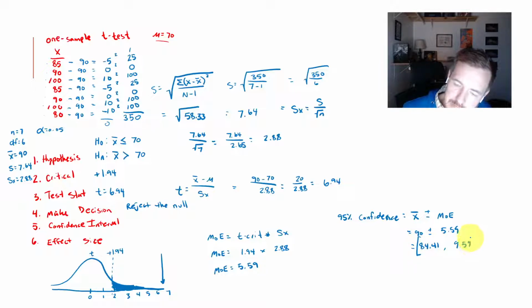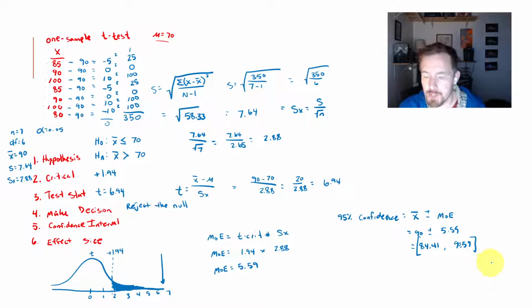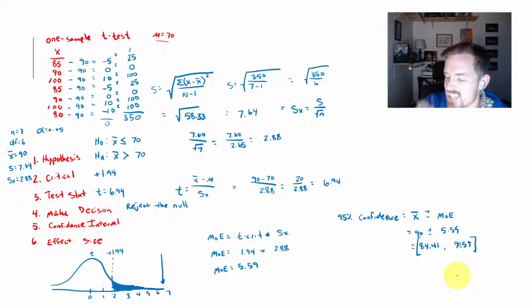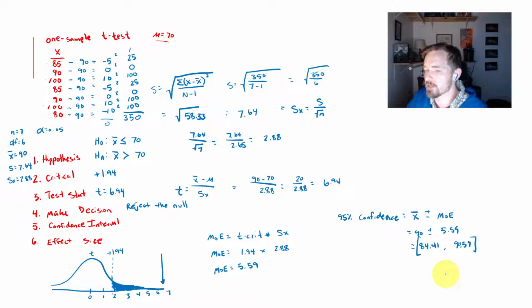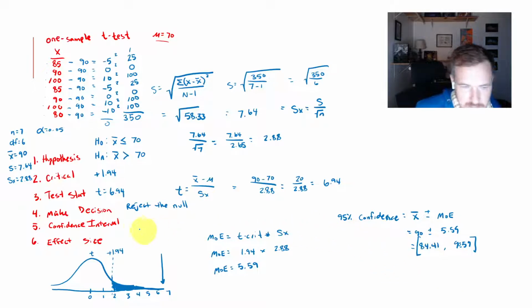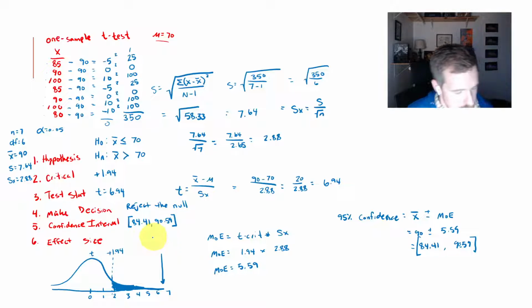Oftentimes you'll see these bracketed like that. So we can ask ourselves, does 70 fall within this boundary? It does not. So therefore we can reject the null hypothesis. All right, so that's our confidence interval. So we would report this on the exam. Cool. All right, we're making good progress here.